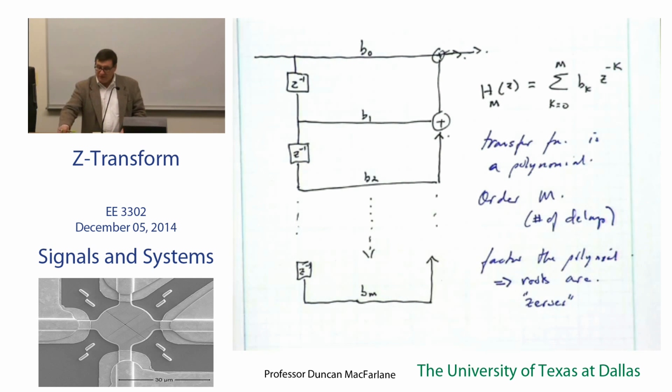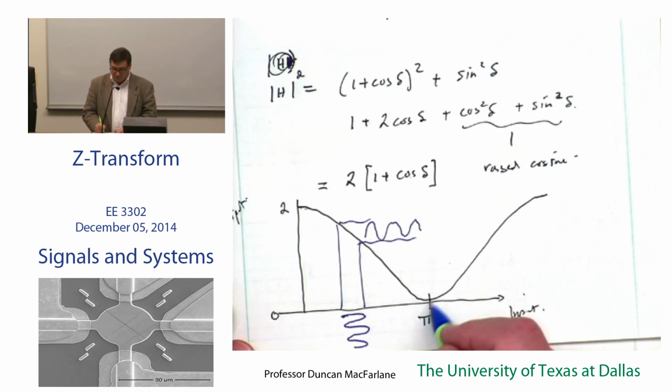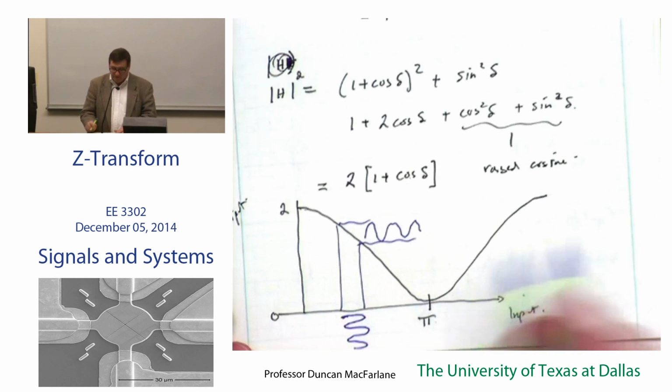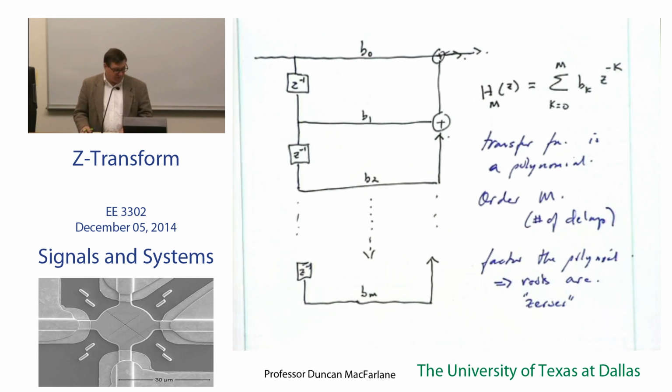Okay? So you can see where this transfer function goes to 0 by factoring that. Okay? So this nulls out at 0 is where that's going to go to 0.